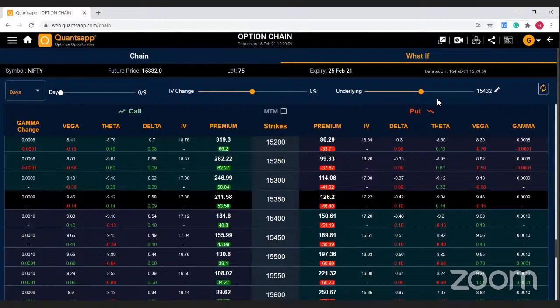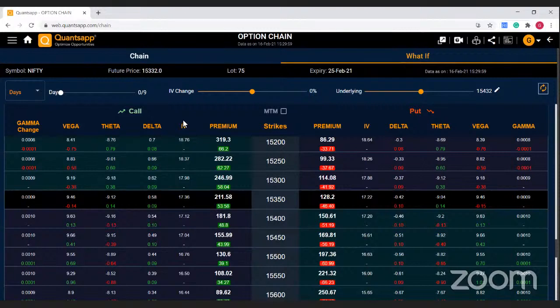So my motive here is that if I'm holding a call option or a put option, I want to know how much the premium will change if the underlying is changing. It's been explained by this particular thing.